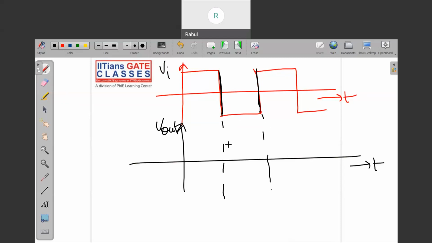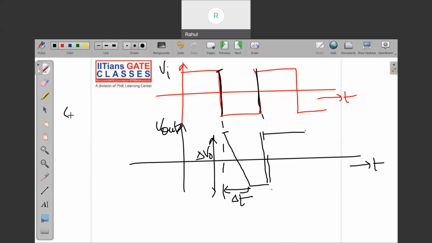You can see here your input is changing from high to low, so my output is also changing like this, slowly, or it will get settled here. Again it will change like this. So there is a delta t change in time, and there is a change in output voltage.